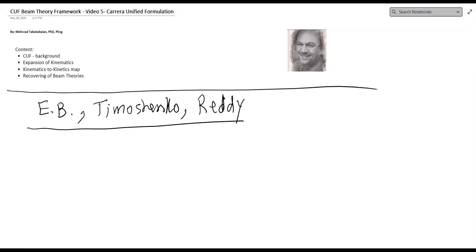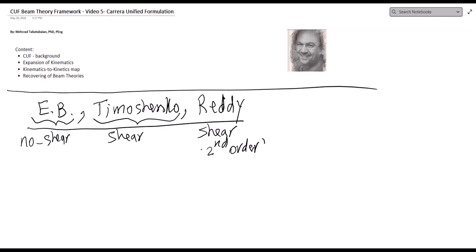These theories start from a very simple one that we use extensively in engineering, as we discussed in previous videos, and move to Timoshenko, which has shear deformation, and then Reddy, where we have the shear as a second order polynomial across the depth of the beam.